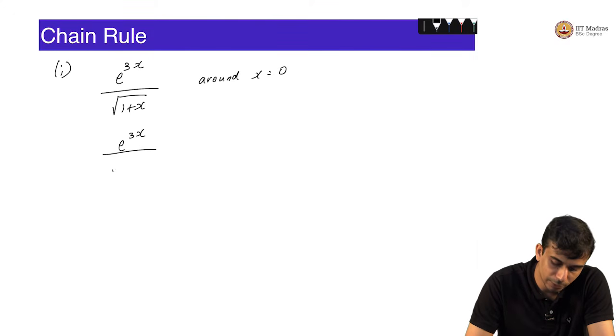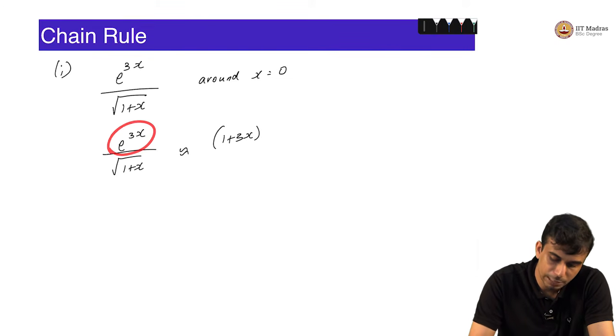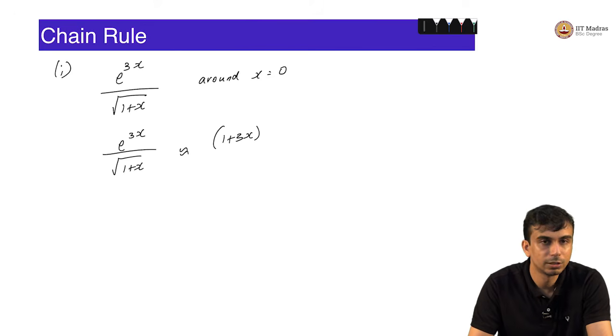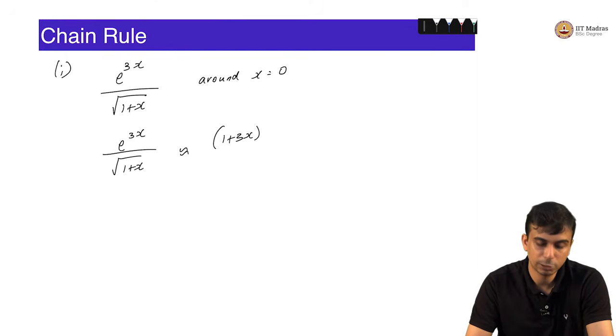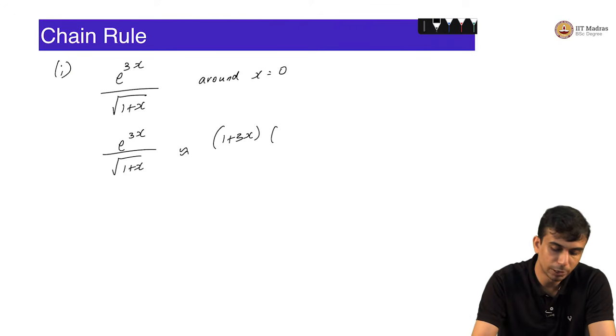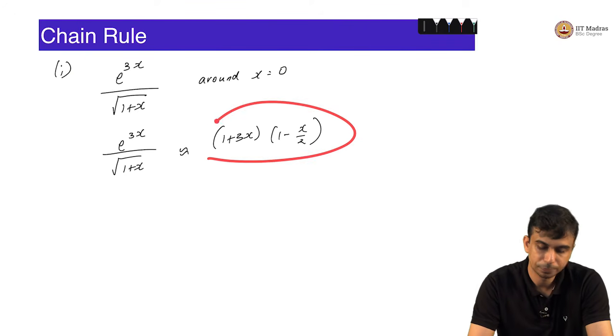You could do that, or you could just do linear approximation from first principles and do each of these terms separately. e power 3x by square root of 1 plus x is approximately equal to 1 plus 3x, because the linear approximation of e power 3x is simply 1 plus 3x, and the linear approximation of 1 plus x power minus 1 by 2 is 1 minus x by 2.